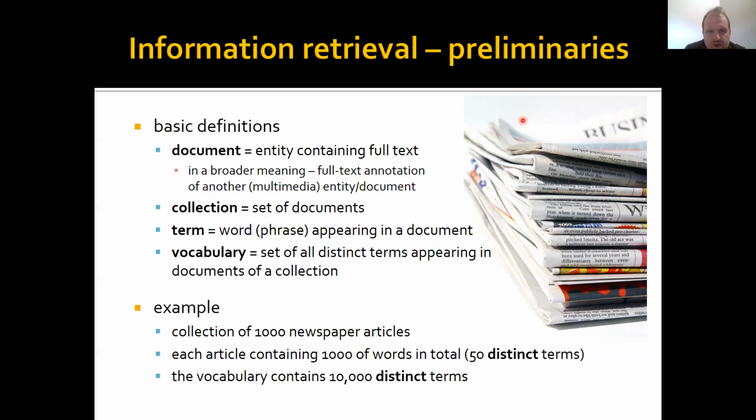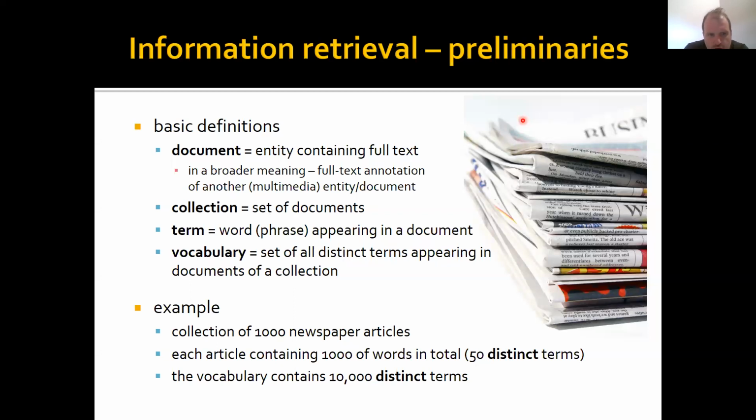It could be, of course, trivial as 2-3 keywords, but mostly we consider longer text, from a small article or a small paragraph through, I don't know, a 2-page article in newspapers, till the very long documents such as books and so on. So this is a document.